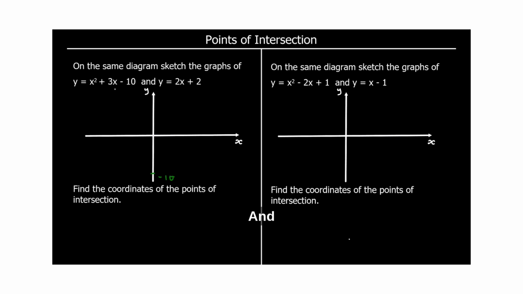And it crosses x when y equals 0, so we can factorize it. So it's going to be x plus 5, x minus 2. So it's crossing at 2 and negative 5.